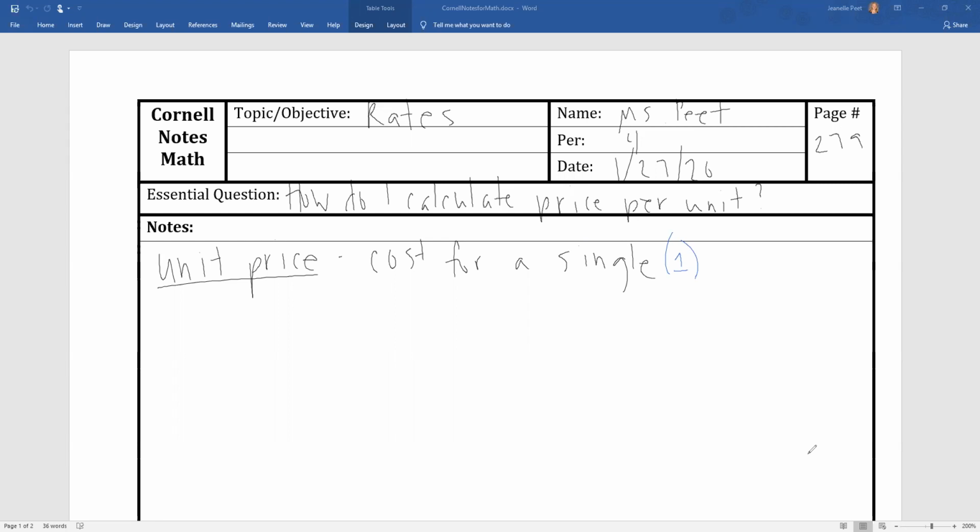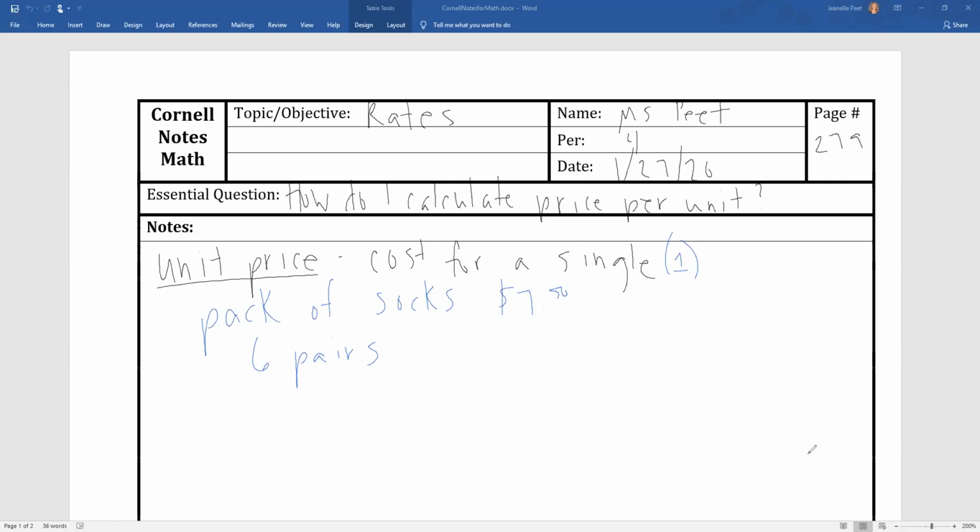So for example, let's think of a pack of socks, okay? So I want to buy a pack of socks. My pack of socks costs me $7.50, okay? But inside that pack of socks, I get 6 pairs. So my unit price is the quotient.